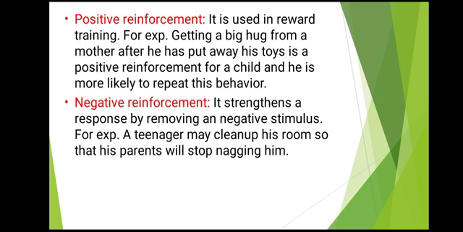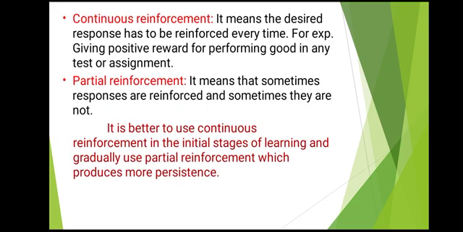So this is called the example of positive and negative reinforcement. In positive reinforcement, I use the positive line that yes, I am going to give you the chocolate. In negative reinforcement, I use the line that then you will not get the chocolate. Then the third type of reinforcement is continuous reinforcement.